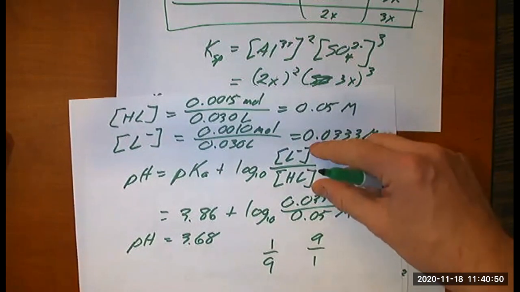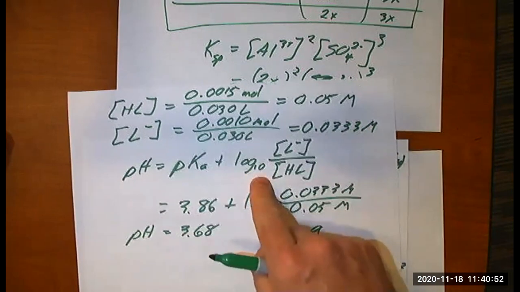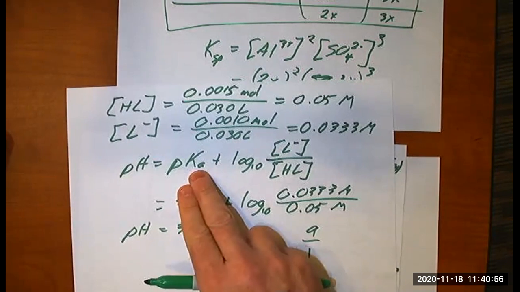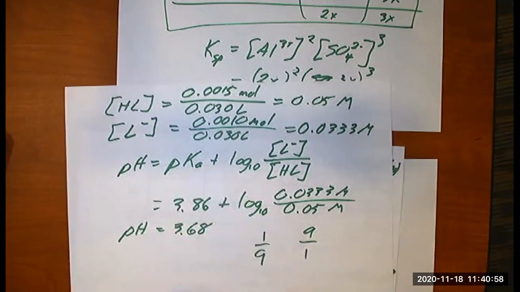If they're exactly equal, then the log base 10 of 1 is 0, and the pH becomes the pKa. So usually somebody decides what buffer to use based upon a pH they want stabilized, and you go look for an acid that has a pKa right close to that. That's how you pick buffer components.